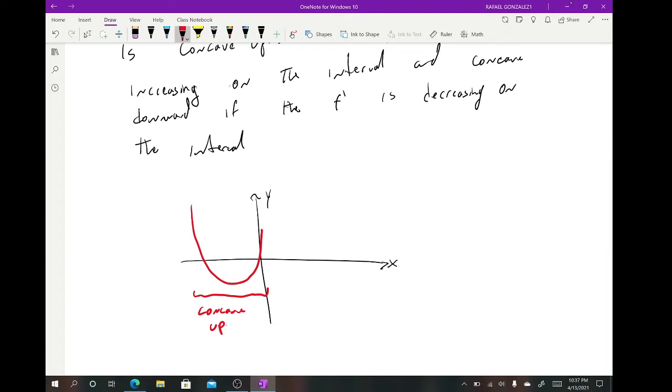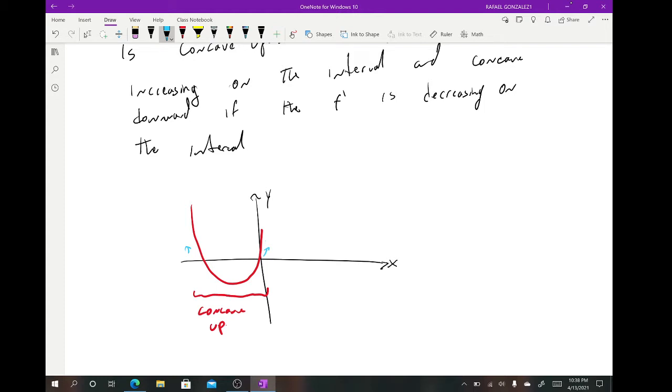I'm just going to say concave up. The reason why it's concave up is because you could see that both of the ends are going up. If you actually take the derivative on this interval, you will see that the derivative is actually positive. Okay, so it is increasing from left to right.